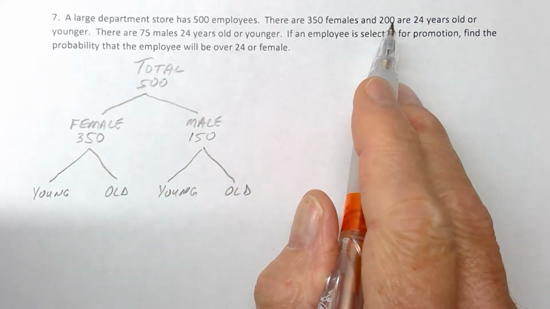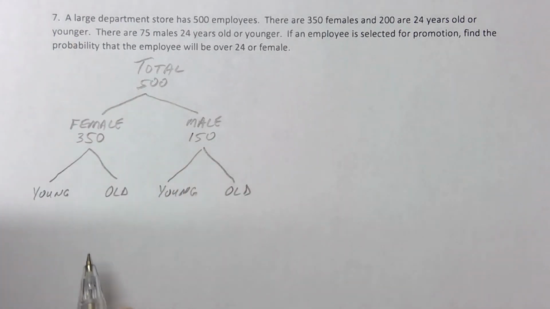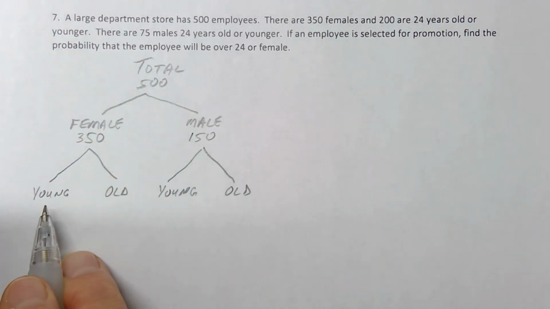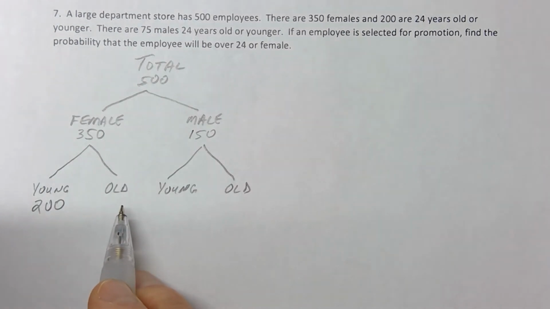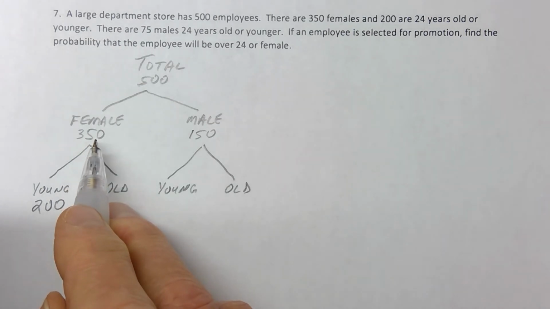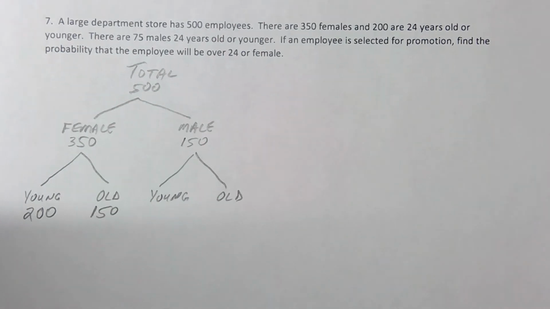It says 200 of the females are young. So young. 200 of these 350 females are young, which means the rest of the females are old. By old, we just mean over 24. So out of 350, 200 are young. If you subtract, that means 150 are old or over 24.